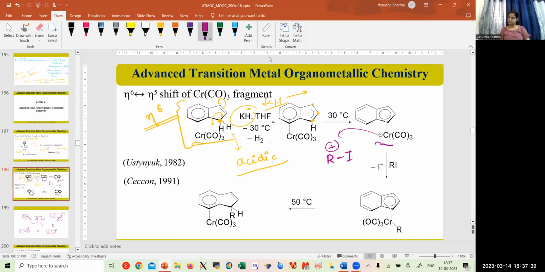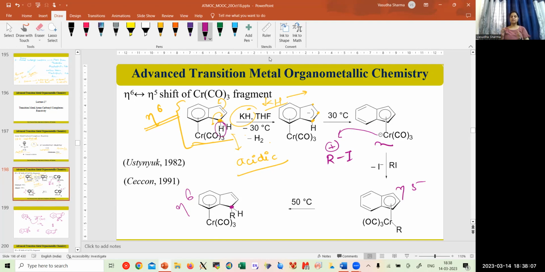So it attacks on the electrophilic alkyl moiety, and therefore R gets attached with the chromium. Now at high temperatures from 30 to 50 degrees, this again goes through an eta 5 to eta 6 transition, and R goes to that earlier position from where we have taken up the H positive, because it was still coming as an electrophile only. So R is coming at the H position.